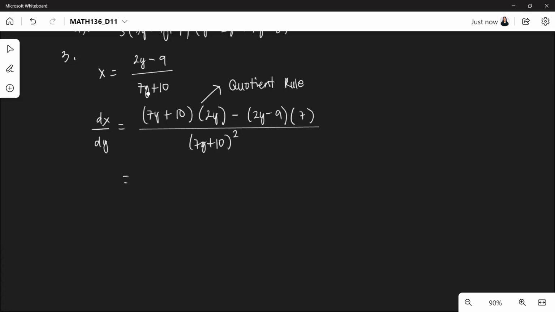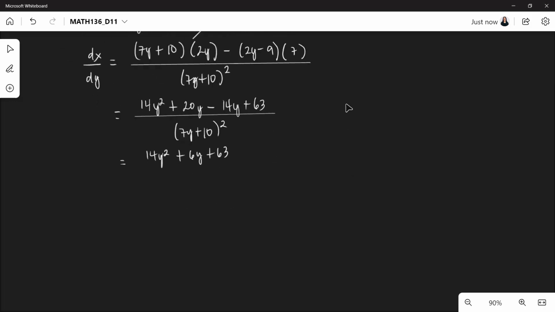So simplify: 7y times 2y, that's 14y squared, plus 10 times 2y, that's 20y, minus 2y times 7, that's 14y. Then minus negative 9 times 7, that's negative 63, so minus negative 63 is plus 63. Then all over, no need to square this, so just copy it. To combine like terms, we have the y terms, 20y minus 14y, that's 6y plus 63.